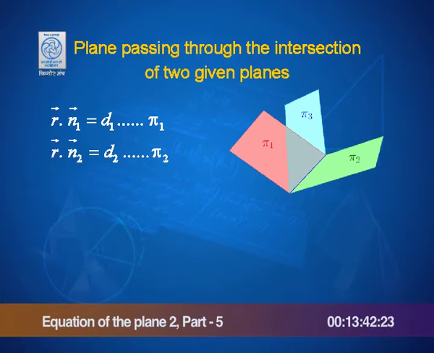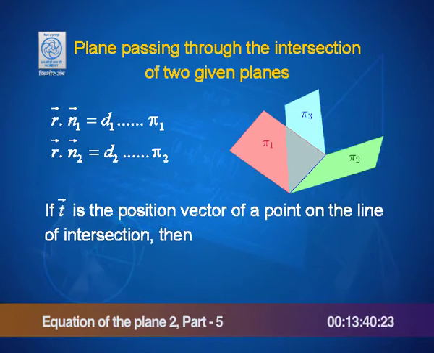Now, suppose I take a point lying on the line of intersection with position vector t. Then t must satisfy both equations, that is t dot n1 vector must be equal to d1 and vector t dot vector n2 must also be equal to d2.